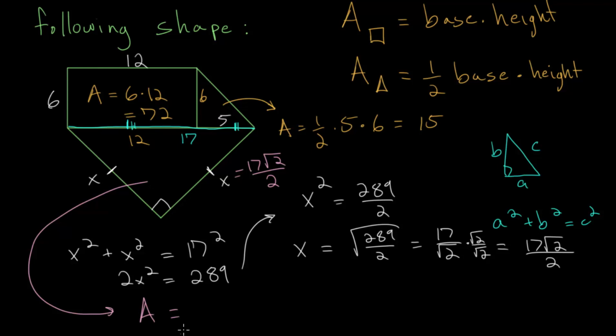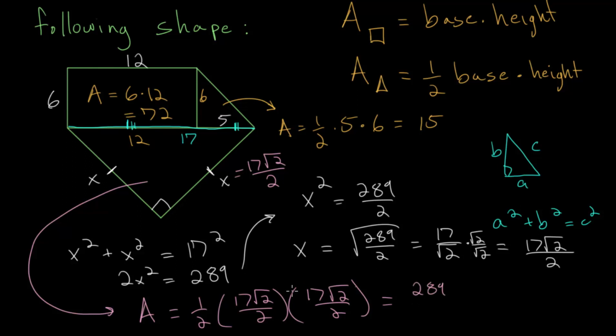And we know that the area formula is half the base. We can call either of these the base. So we have 17 root 2 over 2 multiplied by the height, which would be the same number, 17 root 2 over 2. And we can see if we multiply these fractions, we're just multiplying straight across. We get 17 times 17, which is 289. We get root 2 times root 2, which is 2.